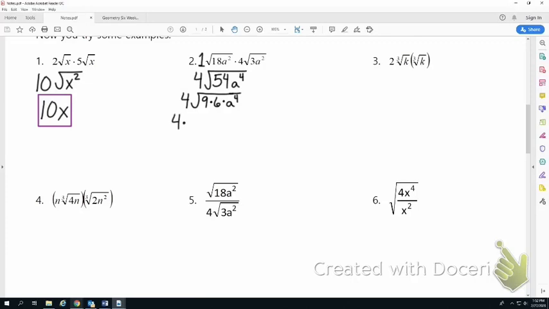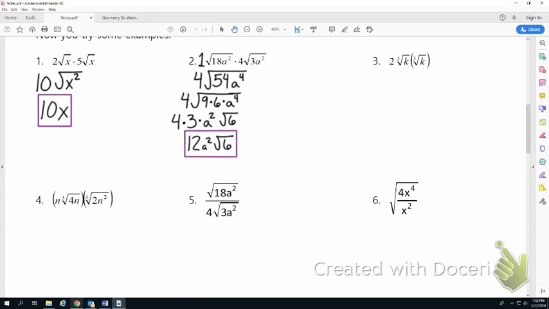The square root of a to the fourth is what? a squared. We'll talk about that in just a second. And now once I have everything out of there, it's going to be 12a squared times the square root of 6.